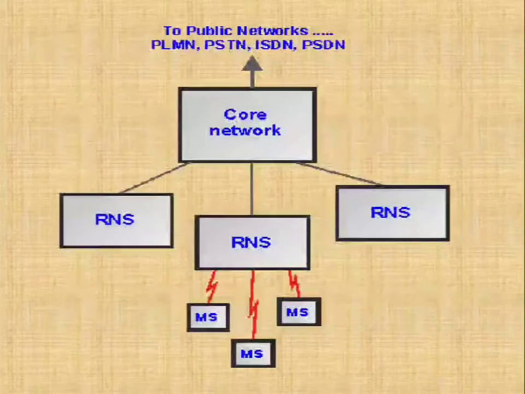See, this is the diagram. Here the core network can interact with the public networks as well as the RNS and mobile stations. The core network acts as an interface between these networks.